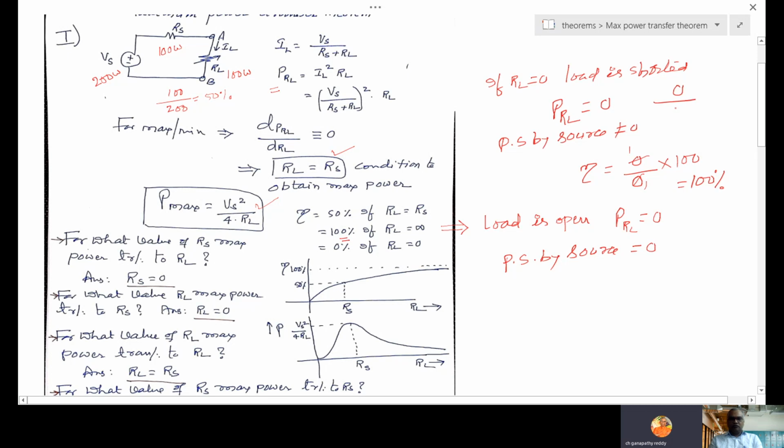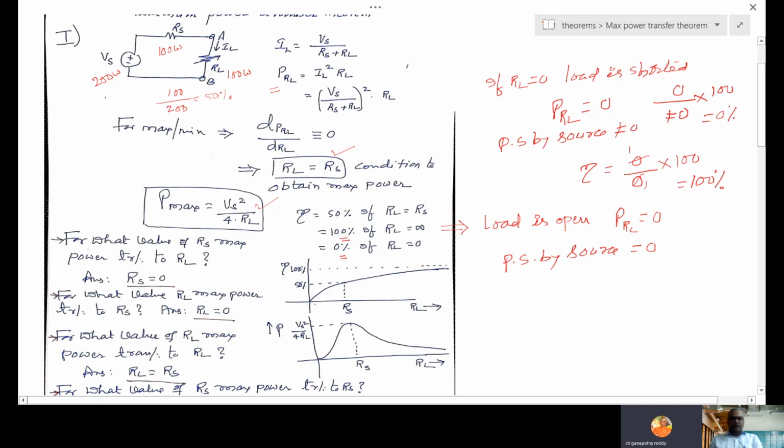So it is 0 divided by something not equal to 0. What is this answer? 0. That's why efficiency is 0 if RL equal to 0.